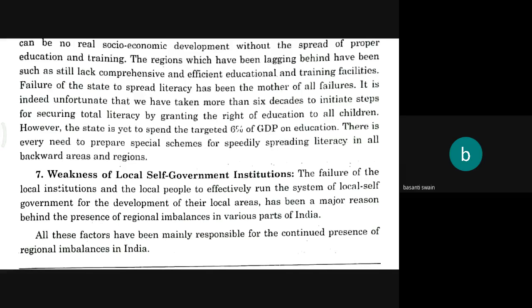But I told you, in the Malkangiri areas, particularly the Chitrakonda areas, the local self-government institutions have failed to develop the different areas. So all these factors and reasons have been mainly responsible for the continued presence of regional imbalances in India.